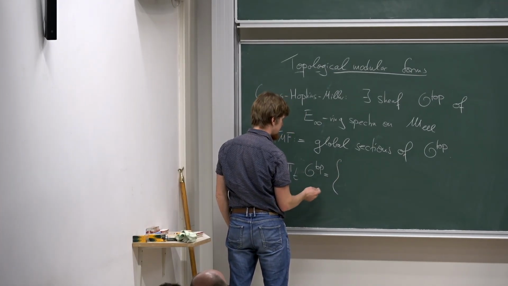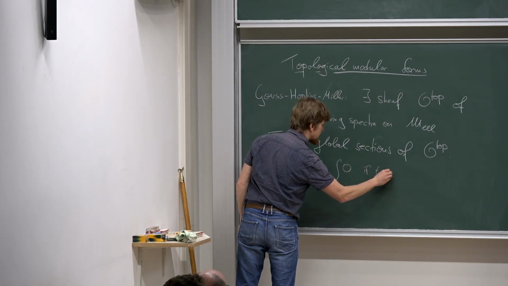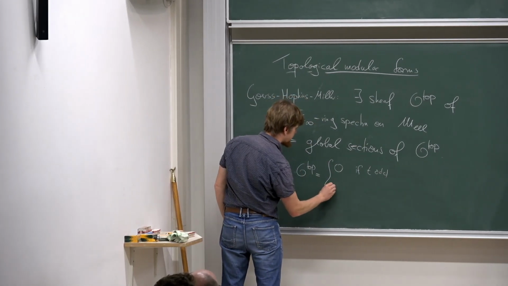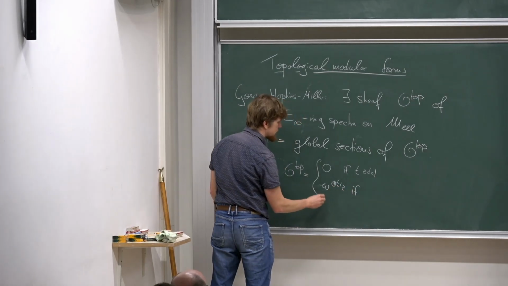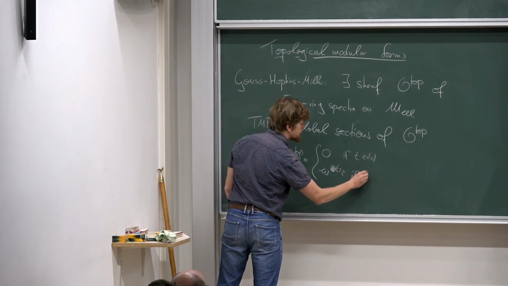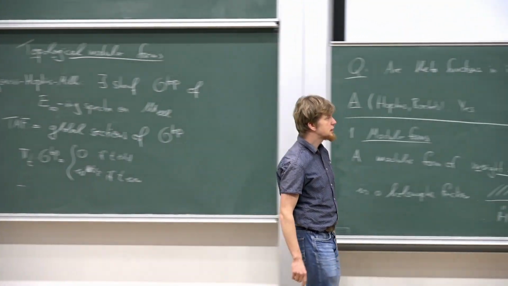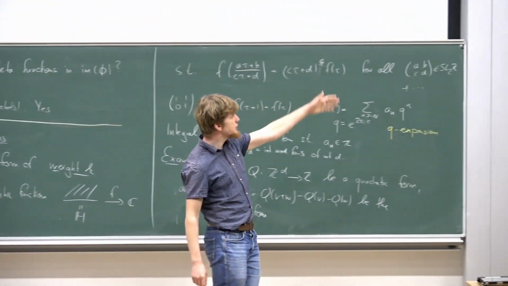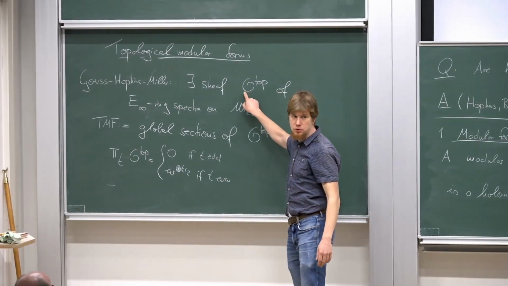They are exactly 0 if t is odd, which is maybe not so interesting, but it's omega to the correct power, namely t half, if t is even. So all the things we had to take sections of to get modular forms, we see back in this one sheaf of spectra.